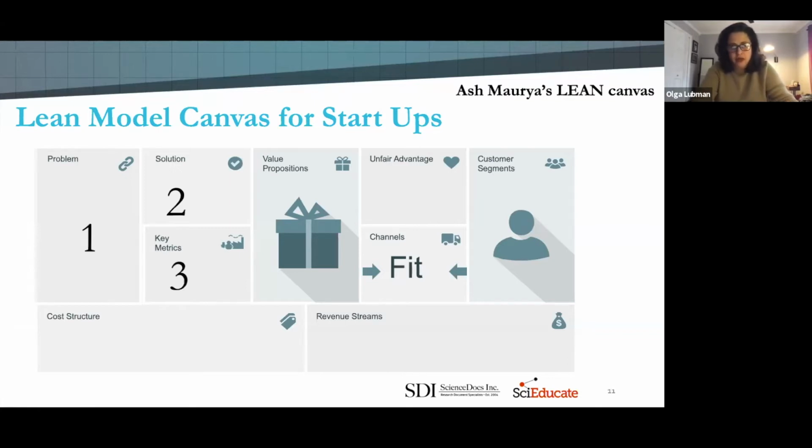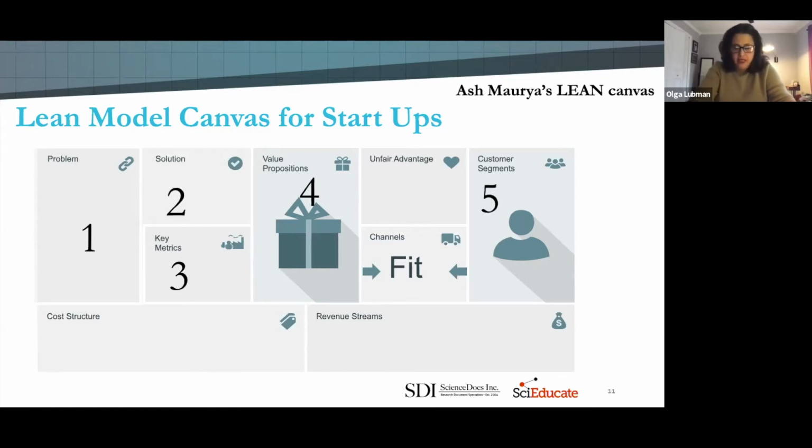Key metrics refers to how you measure the success of your solution. So key metrics reflect the well-being and the health of your business venture in this case. What I find to be the really significant and important bit in this canvas is the relationship between the value proposition and the customer segments. So what does that mean?